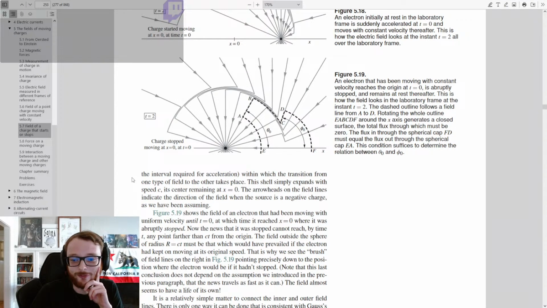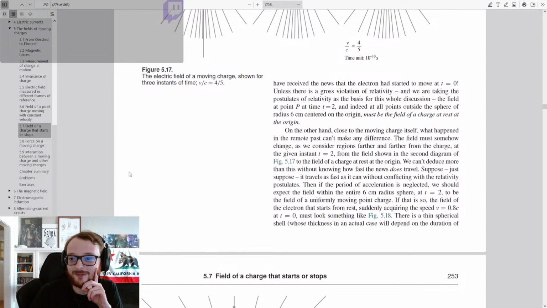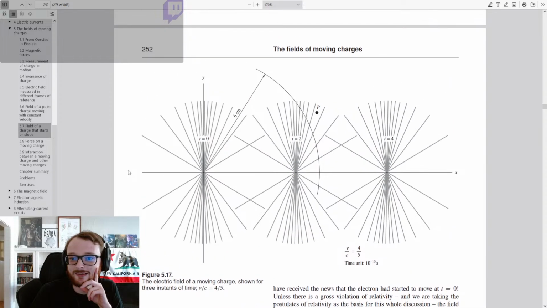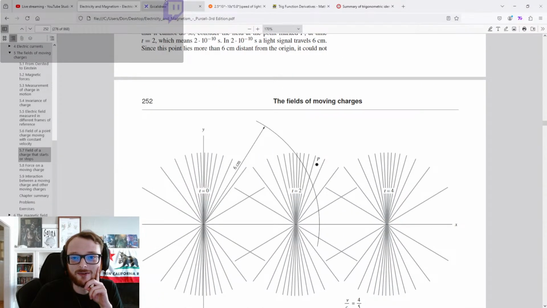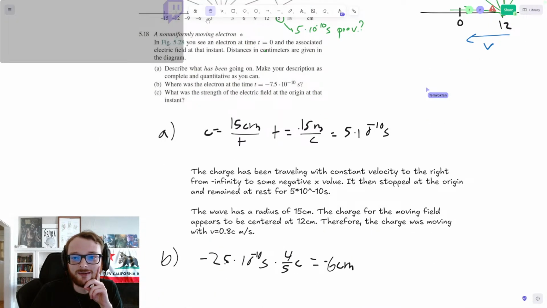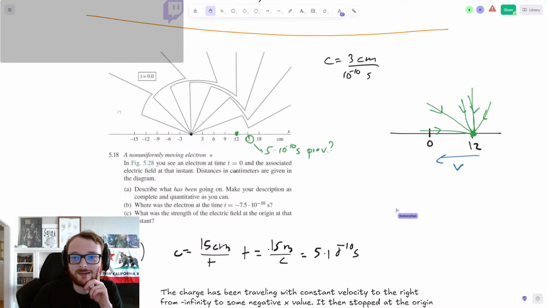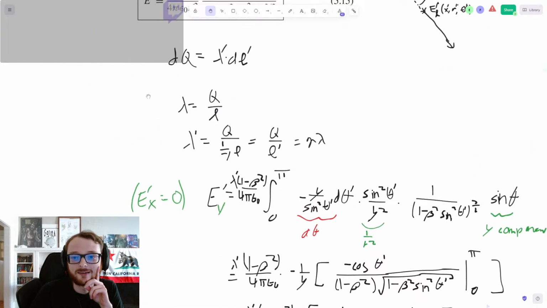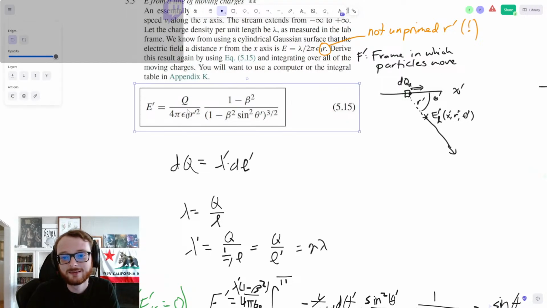Sorry, which formula is that? 5.15, the one we've been struggling with all afternoon. That's the one I'm thinking of. And then theta would be 0, and r would be 6 centimeters, and beta is 4/5.